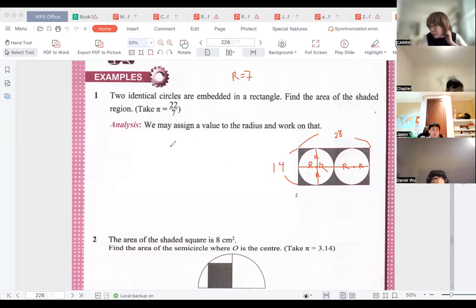Correct, Jason? So now everybody, could you please tell me the area of this rectangle? It's 28 times 14, right?